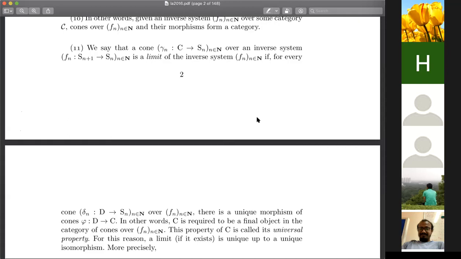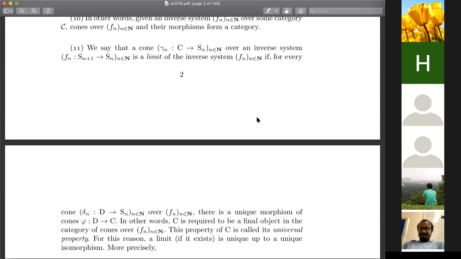An initial object in a category is an object from which there's a unique morphism to any other object of the category. So for example, in the category of groups, the trivial group, the group which has just one element, is an initial object.